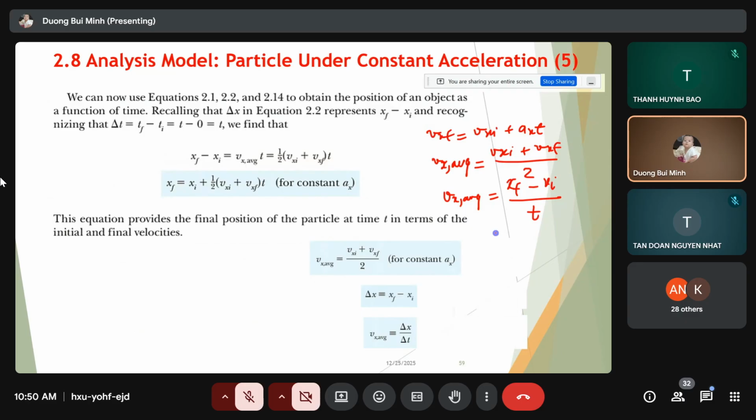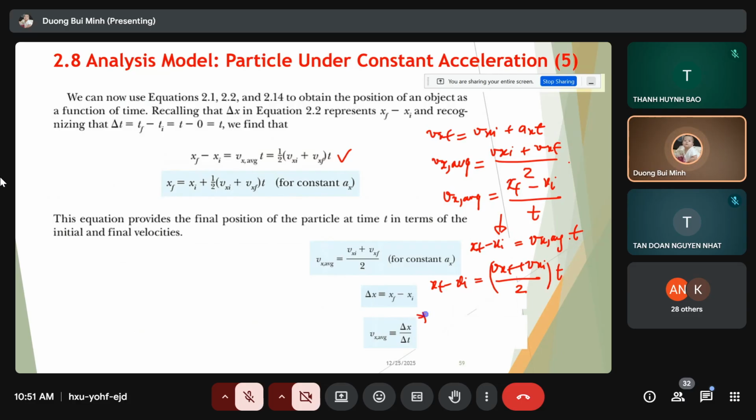So from this equation, we have xf minus xi equals Vx average times t, and Vx average is here. So now we can get xf minus xi equals Vxf plus Vxi over 2, totally times t.